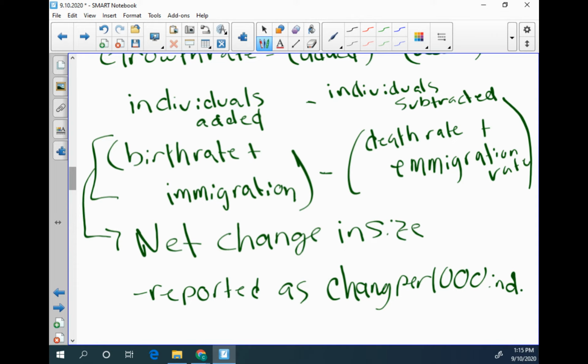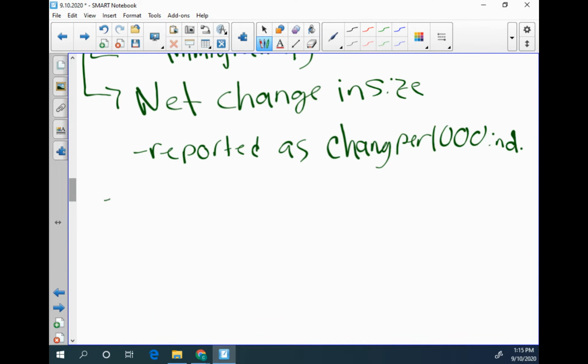So we're going to do an example. If we have a population, our birth rate is 18 per 1,000. Let's say we'll use birds. For every 1,000 birds, we're getting 18 babies. Out of every 1,000 birds, we're getting 10 deaths.